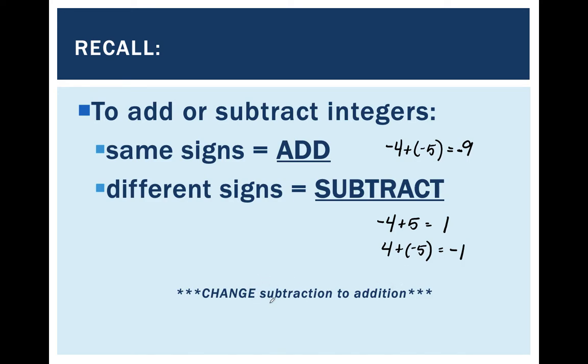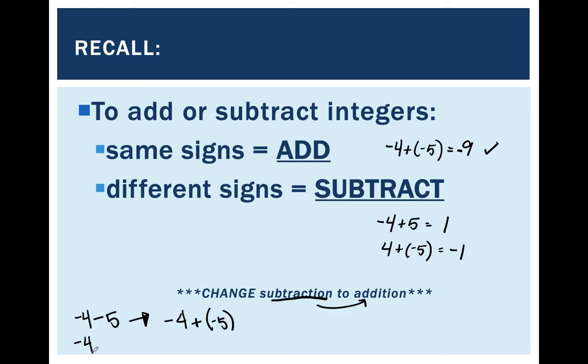One thing to remember is if it's a subtraction problem, we said to change subtraction to addition. So, for example, if the problem was -4 minus 5, we said we would keep the first, change subtraction to addition, and flip the last number to its opposite. So -4 minus 5 becomes -4 plus -5, which you can see follows this first rule up here.